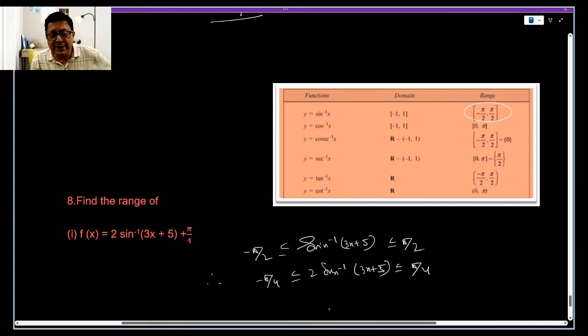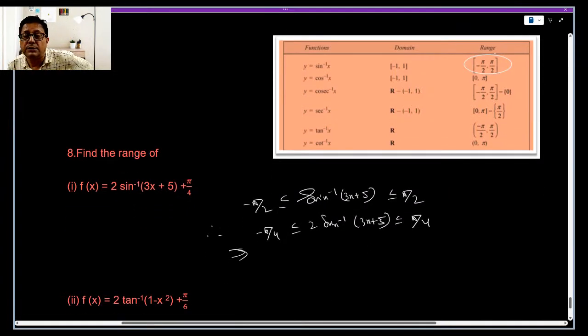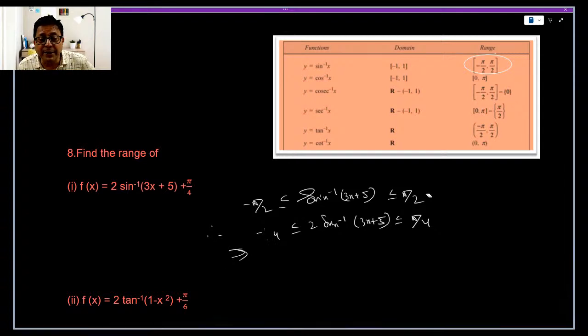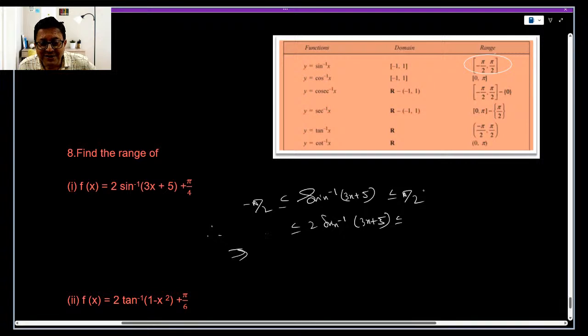So this implies that 2 sin inverse we found. Now we have to add this thing on both sides. Pi by 4 we have to add. If you multiply by 2, it will be minus pi to pi. This is minus pi to pi.